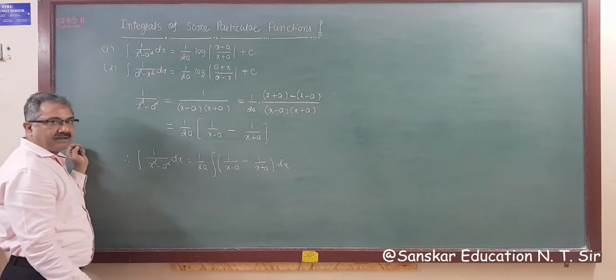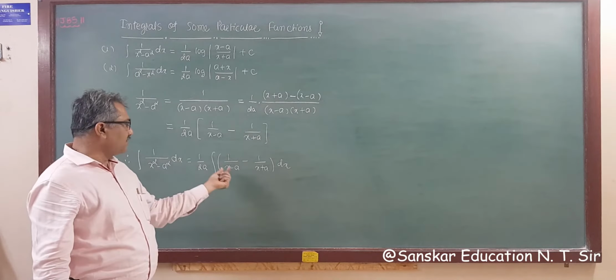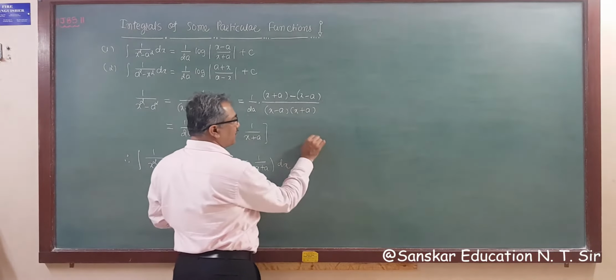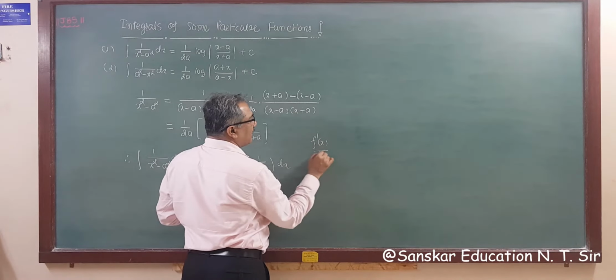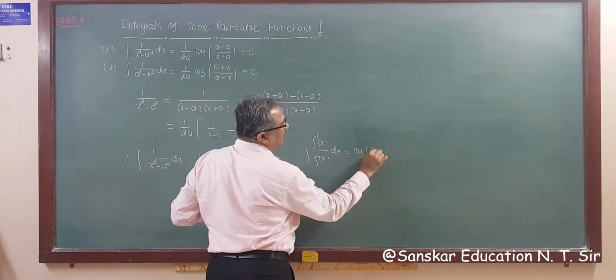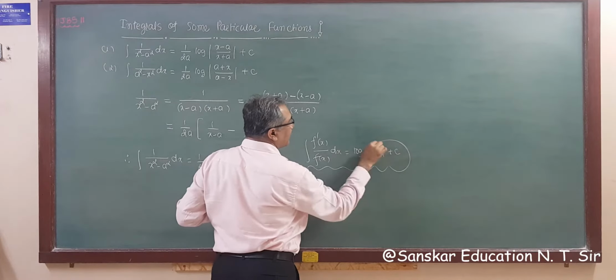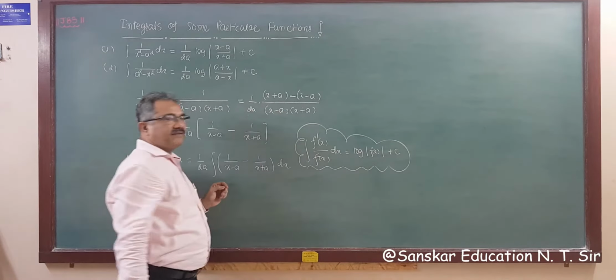This is the answer. Now the derivative of the denominator is in the numerator. So for the answer of this, you have a formula that you know: integration of f dash x upon f x dx, then the answer is log of mod f of x plus c. This is your standard formula. We applied it for many questions.